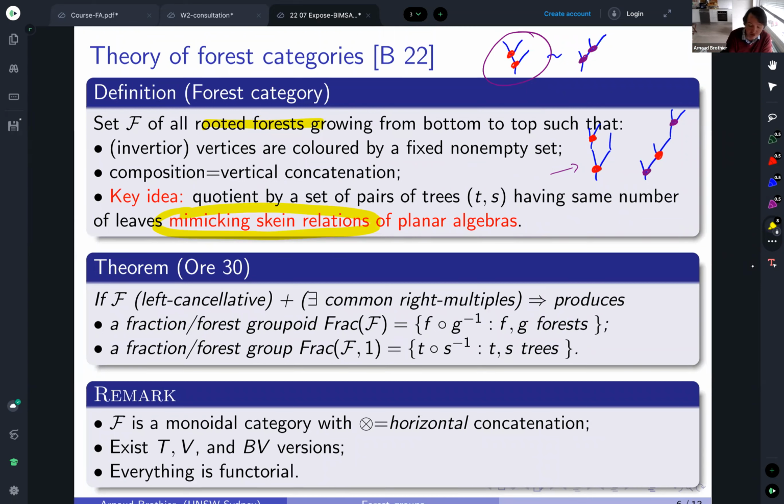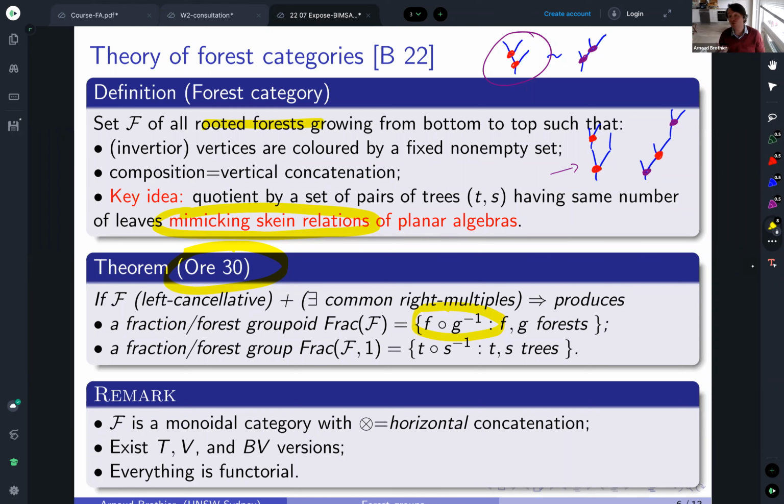Well, using a theorem of Ore that has more than 90 years, if your category is left cancellative, and if they have common right multiples, well, you can invert. Okay, so you get a groupoid. Okay, so any elements can be written in that way.